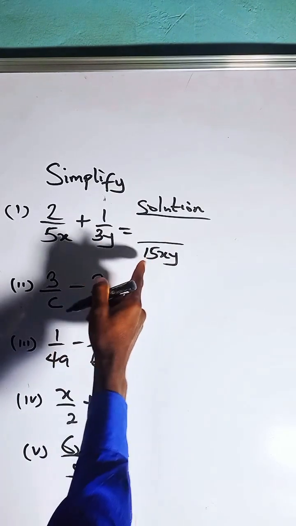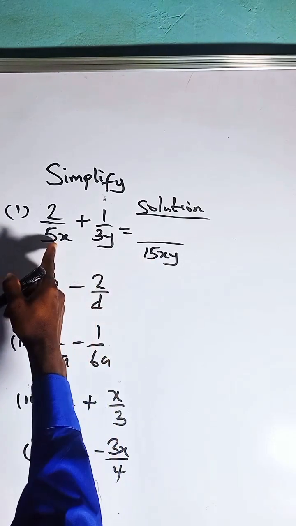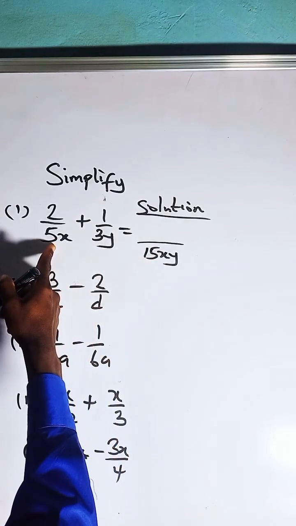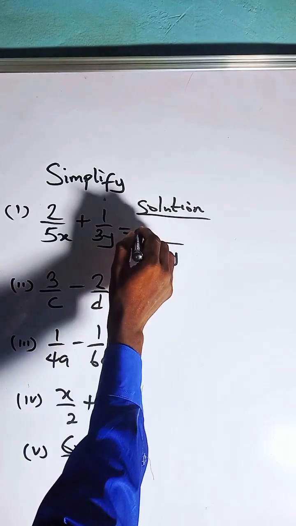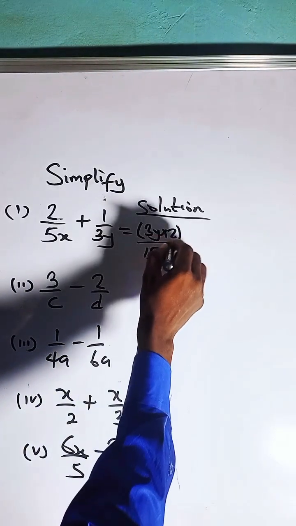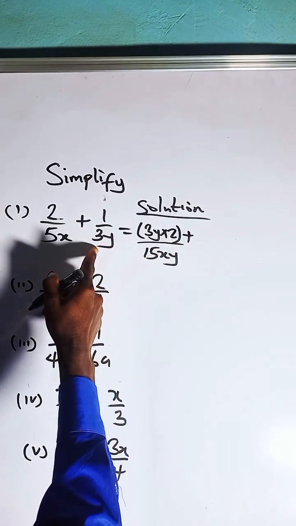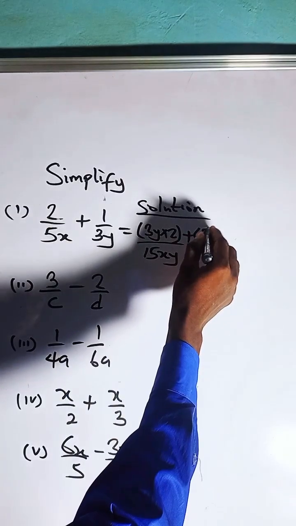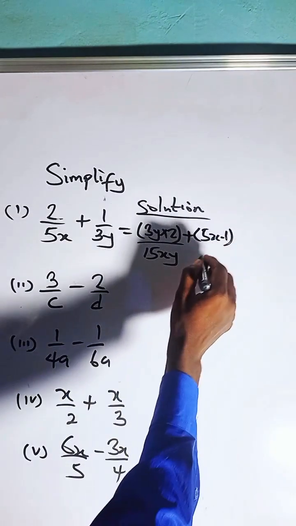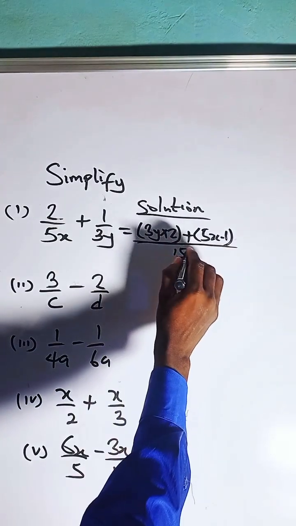So we have the LCM to be 15xy, so when we say 15xy divided by 5x, we have 3y, so we say 3y times 2. So we have our addition, so we divide this by this. So we have 5x, we multiply it by 1, so 5x times 1.